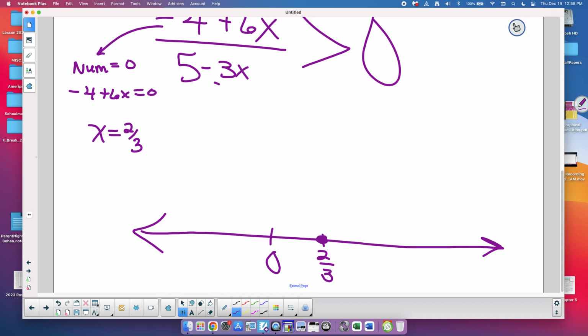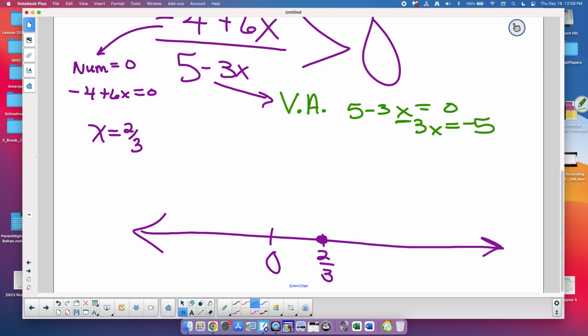What does the denominator give you? Vertical asymptote. So go 5 minus 3x equals 0. Negative 3x equals negative 5. X equals what? So what's 5/3? Your vertical asymptote. Okay, right about here.